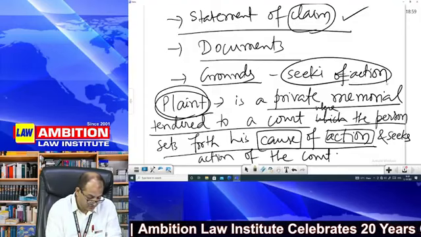भाई ये class है, please. If you are sitting somewhere else and not attending the class, this is not going to help at all. What explain again? Tell me.